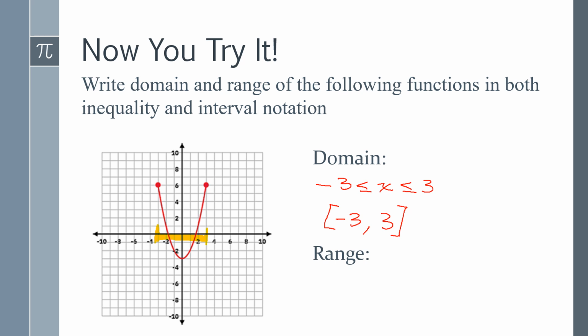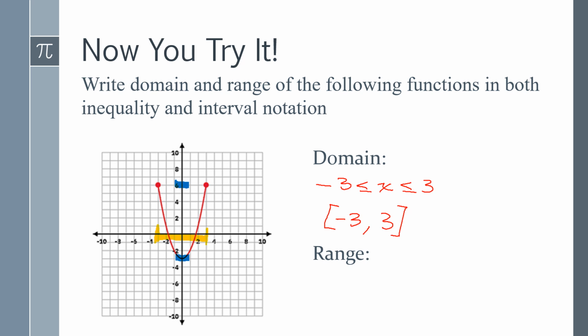Now let's talk about our range. So our range runs from a high value of 6, and the low value is down here at negative 3. So we would go ahead and state that as an inequality.